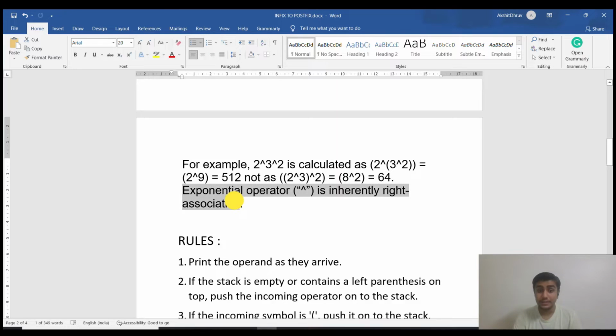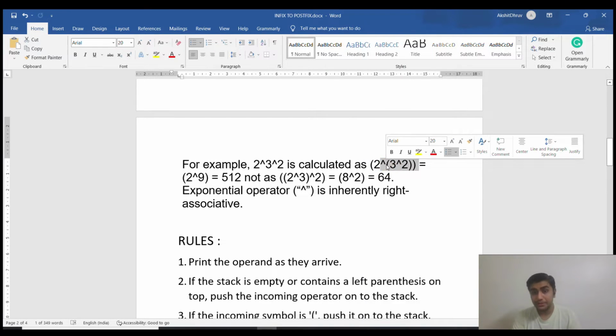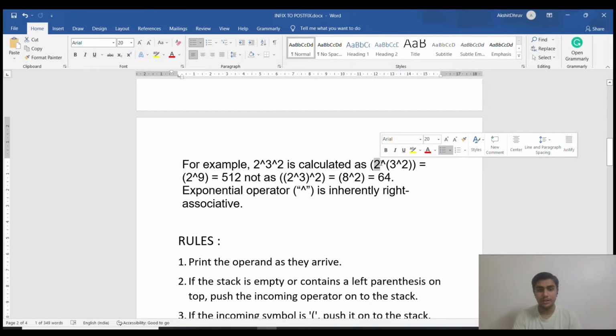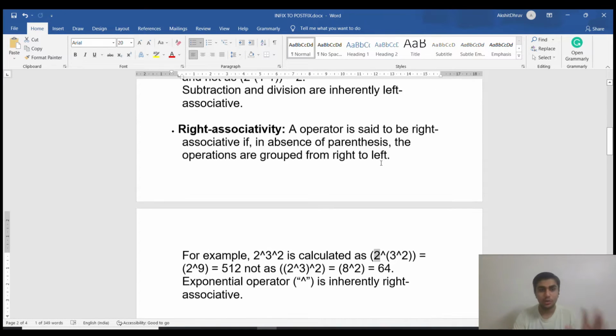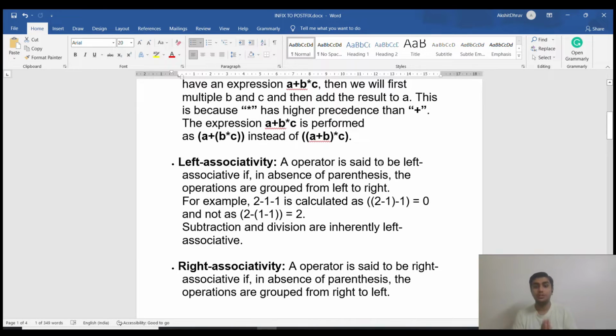Exponents are inherently right associative. Here we first do the right side's calculation and after that we do the left side work, right? So this was all the things which you need to remember before starting the rules.